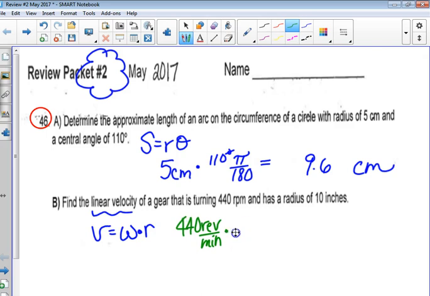It has to be in what to be angular velocity? Radian. So 1 revolution is 2 pi radians. Then you will have an angular velocity and we'll multiply by 10 inches. So we'll have inches per minute.